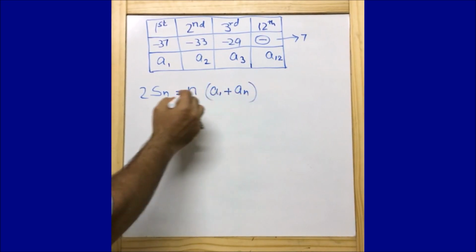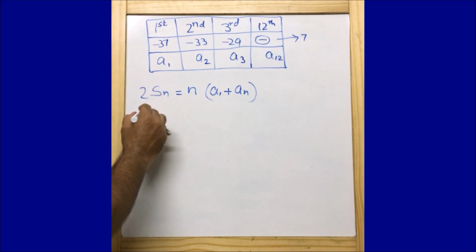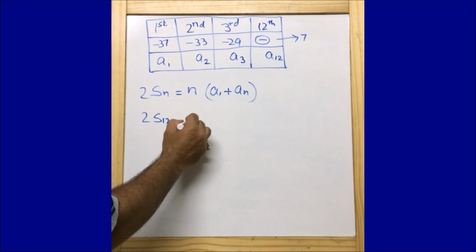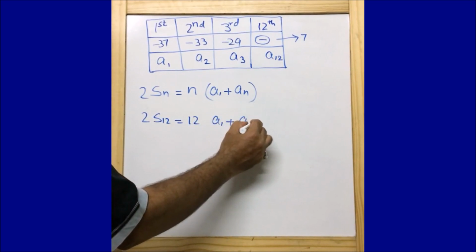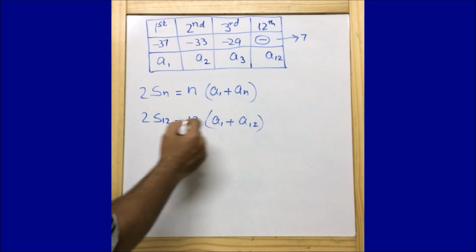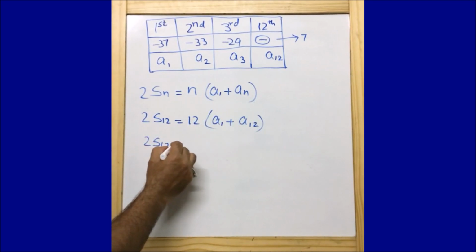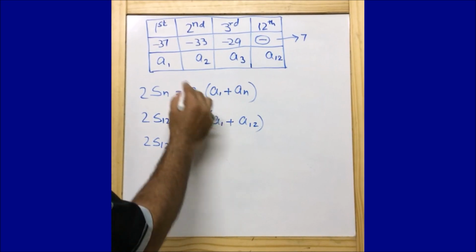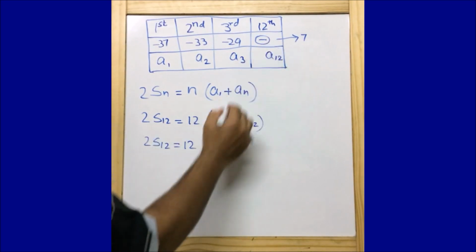Here the value of n is 12, because we are going to find out the sum till the 12th term. So we can write 2S12 is equal to 12 into A1 plus A12, which is 12 into minus 37 plus 7.